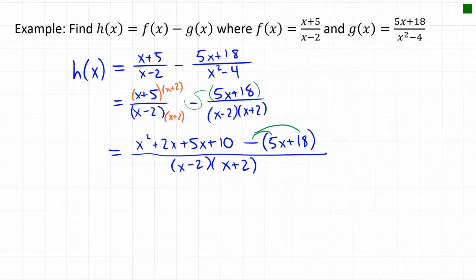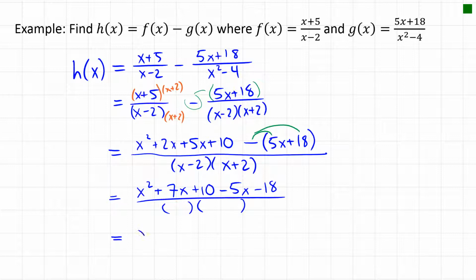And now again we can see how that negative has to be applied to each term in the numerator. So I have x squared plus I'll combine this 7x plus 10 minus 5x minus 18 over my denominator.